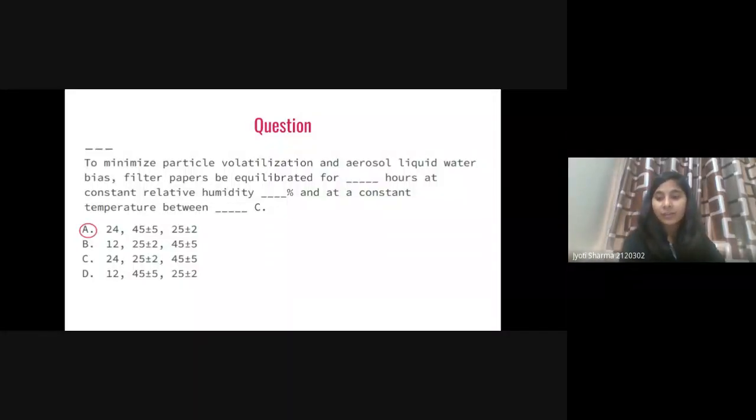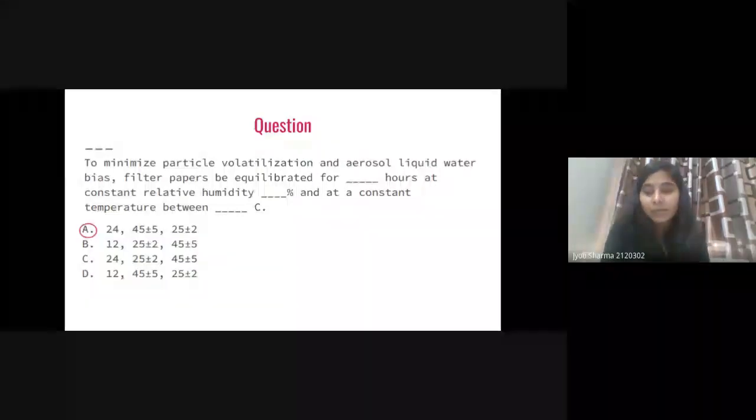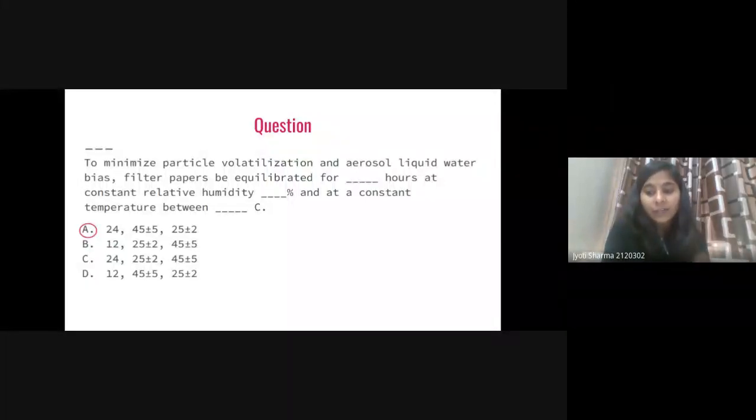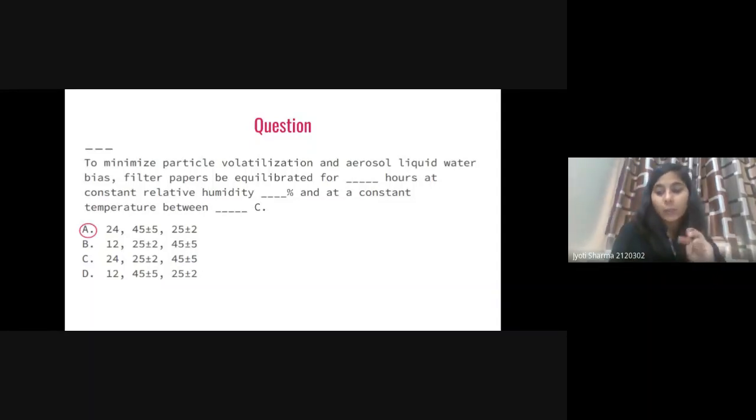Based on that, we can remove the moisture from that filter paper, and if there is some dust on that filter paper, it can be easily removed if we do the conditioning at such relative humidity and temperature for some time prior to the sampling. So this should be 24 hours, 45 plus minus 5 percent relative humidity, and 25 plus minus 2 degrees Celsius temperature.